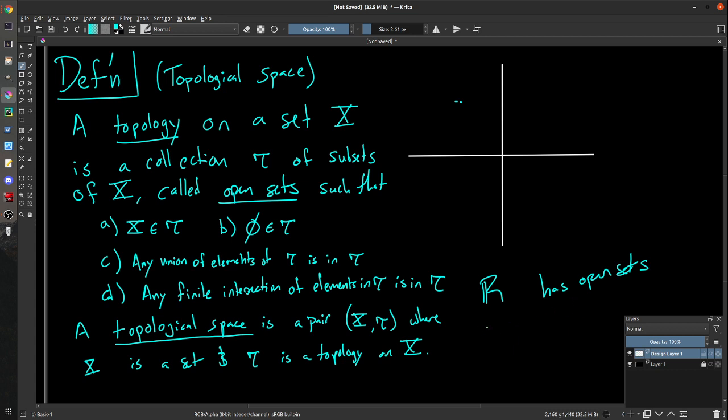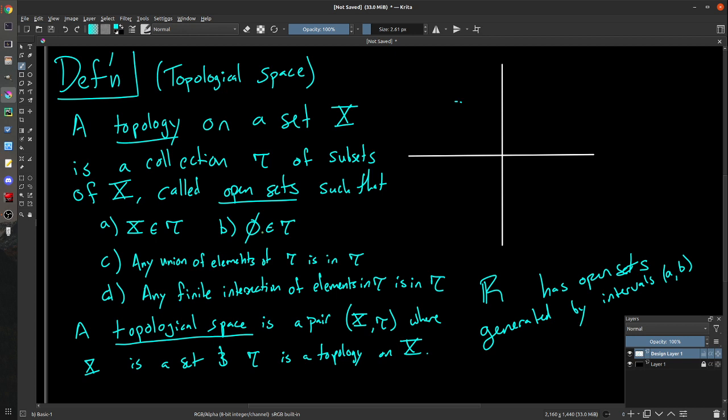Let's actually talk about that. So open sets, I'll say, generated by intervals (a, b), not including the endpoints. Just to get an intuition, the empty interval would be from a to a for any choice of number a.